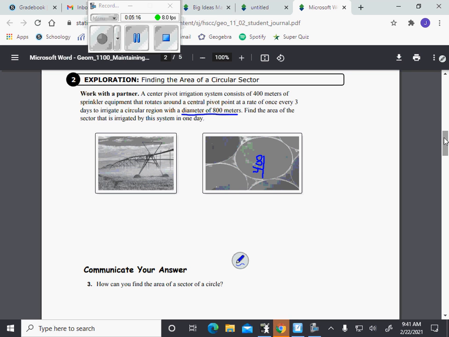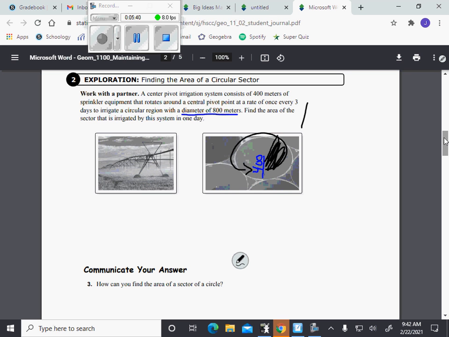Find the area of the sector that is irrigated by the system in 1 day. This thing goes around 1 time in 3 days, so we probably want to find a third of that. Once every 3 days, so 1/3 of that. We just want to find this region.